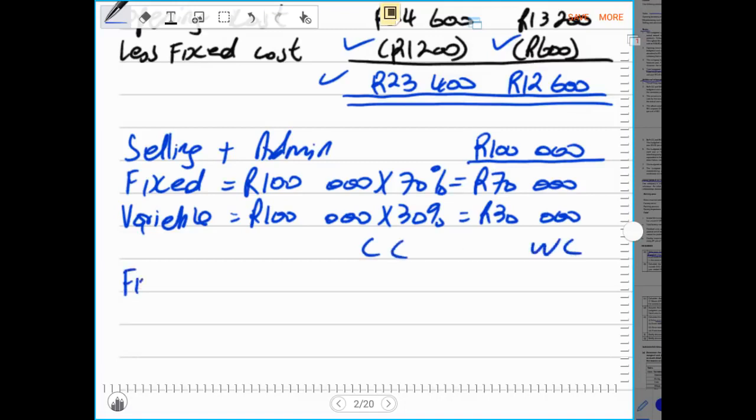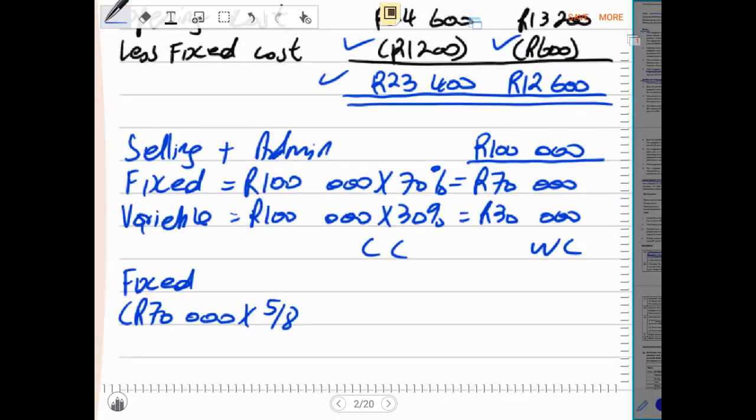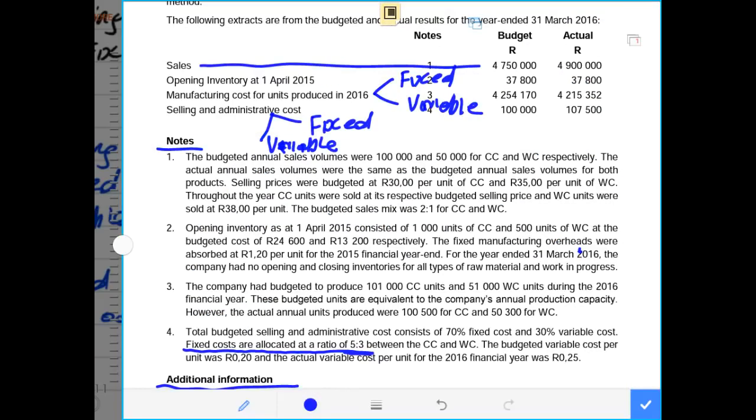Then we have to split this fixed portion into the ratio, and the amount is 70,000. I think it was 5:3. They said in a ratio of 5:3, so that will be 5 divided by 8.